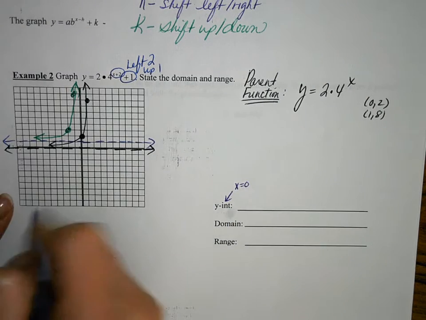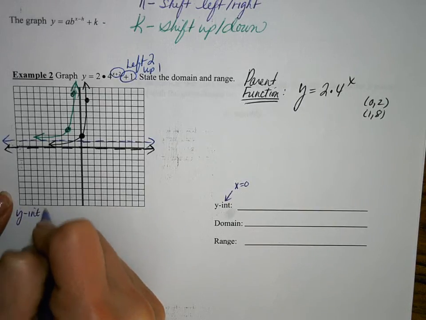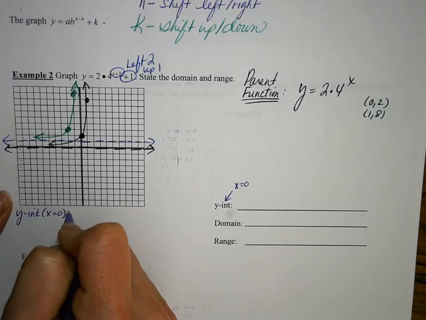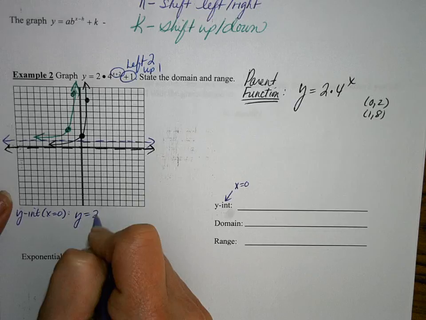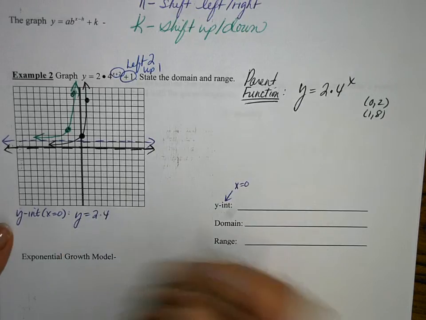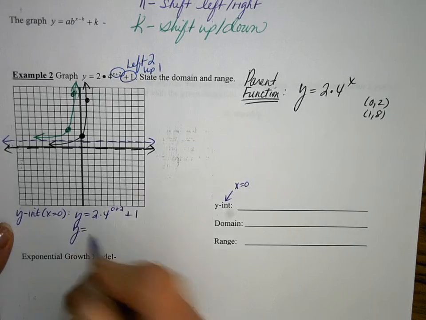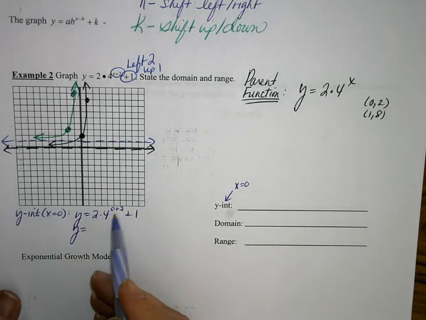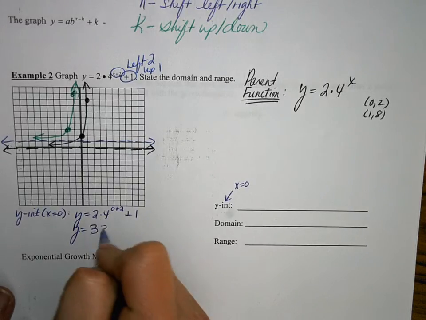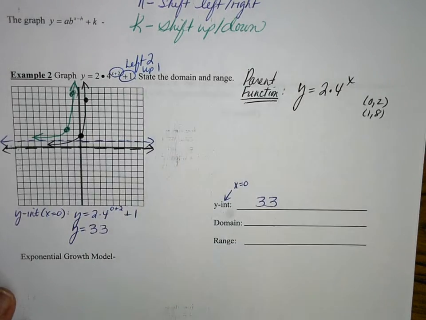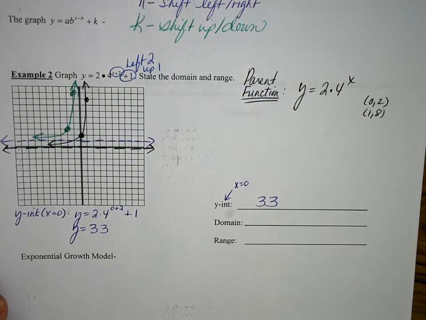So if I come over here to find my y-intercept, well, I know that y is equal to 2 times 4 to the x, which is 0, plus 2, and then plus 1. So y is equal to, all right, 0 and 2 is 2. All right, folks, what's 4 squared? Times 2, add 1. So I know that this crosses the y-axis at 33. Do I see it on my graph? Nope, but I know that that's where it would cross if I continued my graph.